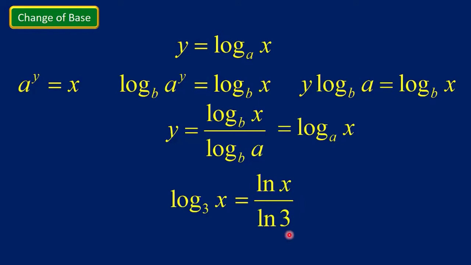If your answer doesn't match the answer in the back of the book, if you're working a problem, maybe you're just in a different base. So it's an important thing to be able to go from one base to another, if nothing more than just checking your answer in the back of the book, and they may have the answer in base e and your answer is in base 3 or something like that.